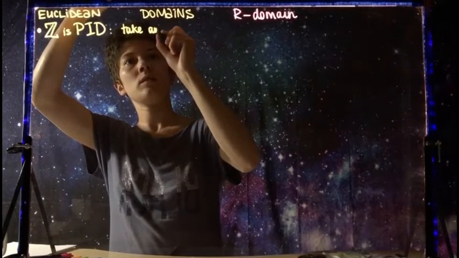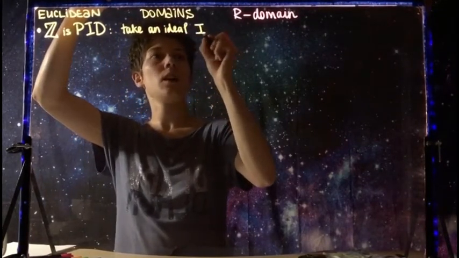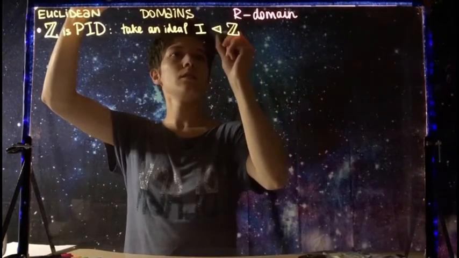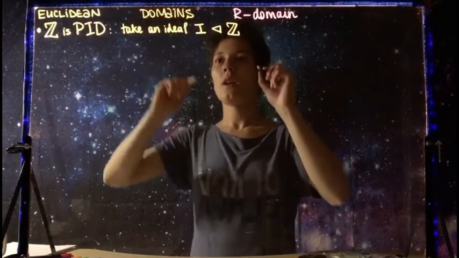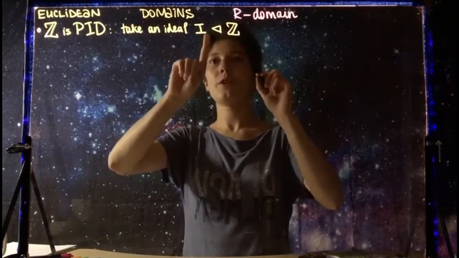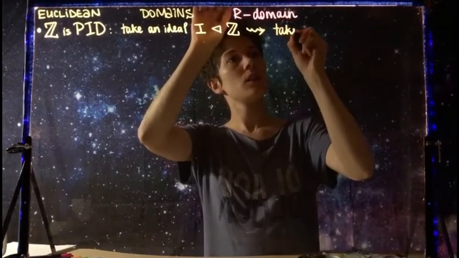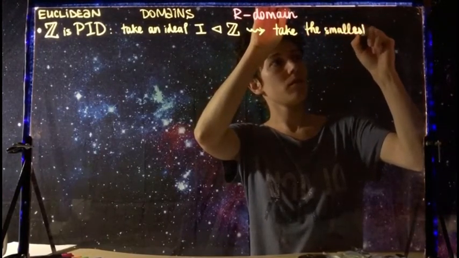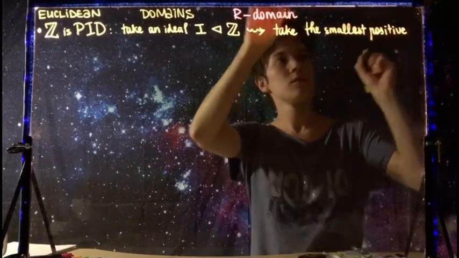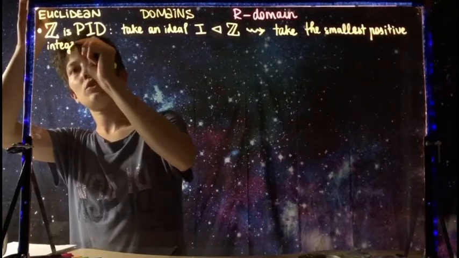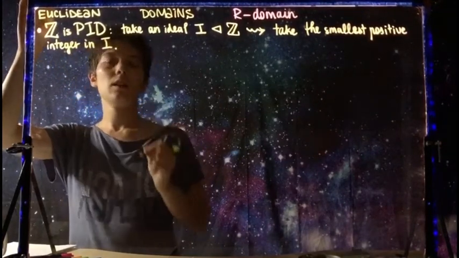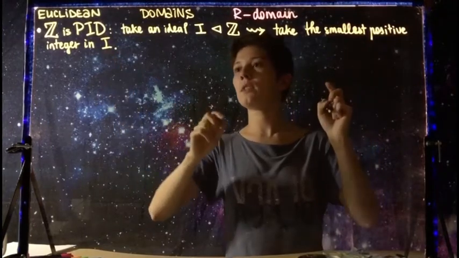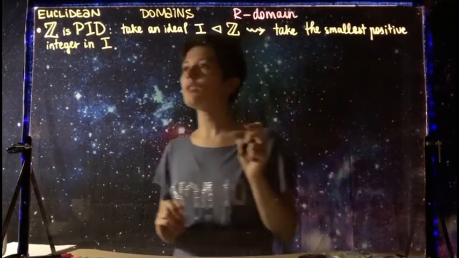I took an ideal I in Z, and to show that it is principal, I would take the smallest positive integer in I. So I used the notion of smallest, so we have some sort of size function to compare integers.